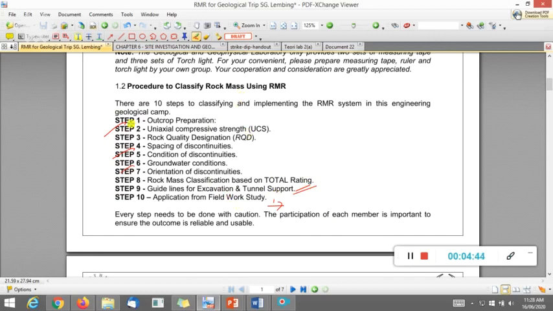The steps start with outcrop preparation, which is the work area, to measure the discontinuities and their conditions. Then in step 2, you need to determine the UCS, then RQD and so on, because these are the 6 important parameters for RMR. The rest is the analysis, based on the data from the 6 parameters.